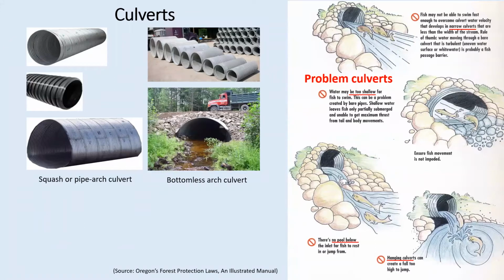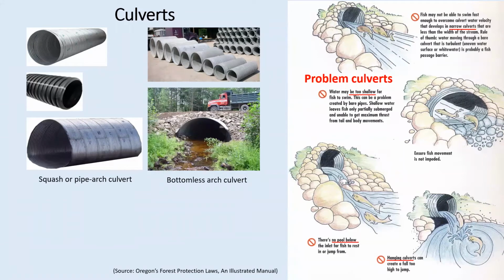But sometimes if that's not the case, you can get some problems for fish. The top picture there shows a pictorial of a narrow culvert. If it's too narrow, the water flows too fast, and fish, particularly juvenile fish, sometimes can't swim up through that area. So that's a barrier. Or the culvert may be too wide, and so the creek effectively almost dries out or gets to the point where they aren't able to propel themselves against the water to move upstream.